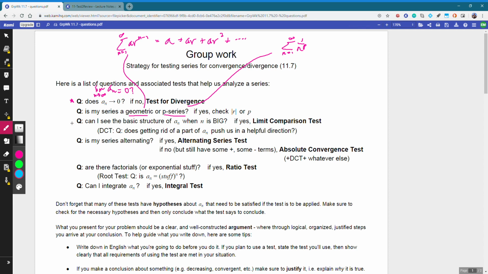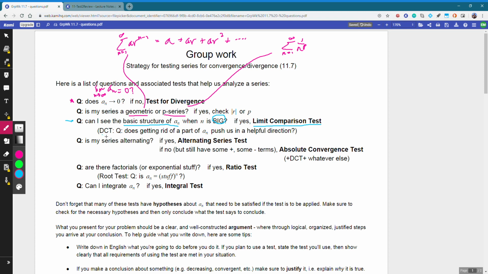The next question is, can we see the basic structure of a_n when n is big? The idea is, does my function collect or simplify in a nice way if n is really big? Are there things that matter more? And if so, then the limit comparison test might be a good way to go.